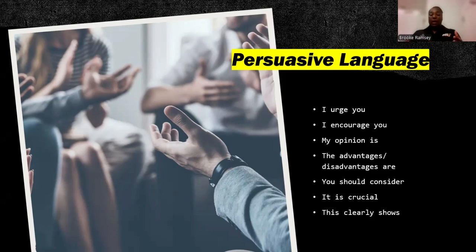But other than that, we're going to stick to my opinion is, the advantage of this is this. You should consider, not you may want to consider, no, you should consider and make sure that you do this. We also want to use it is crucial or this clearly shows. Okay.